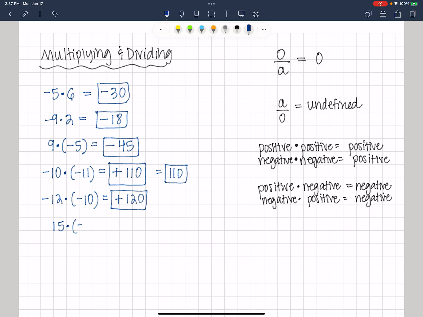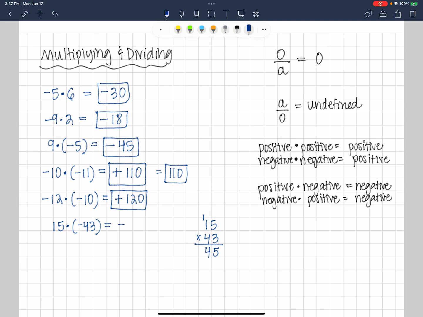15 times negative 43. A positive times a negative is a negative, and then 15 times 43, I have to multiply off to the side. 3 times 5 is 15, and I have to carry the 1. 3 times 1 is 3, plus 1 is 4.